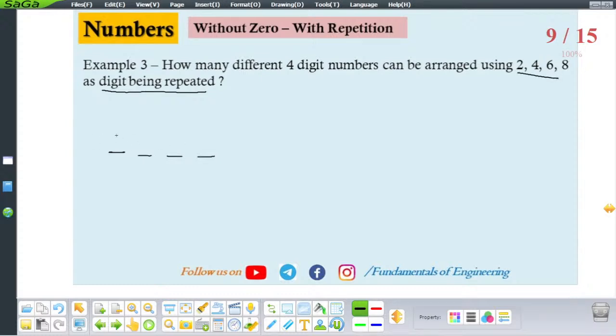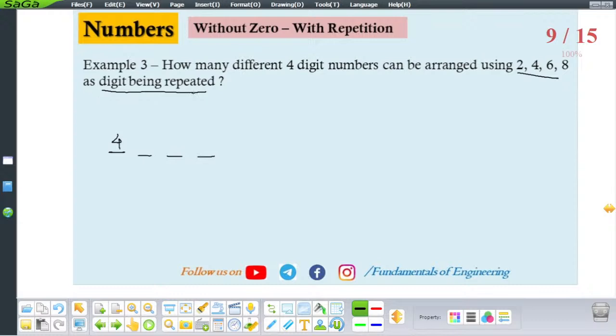There is a possibility that all 4 digits will come at the first position. Now if you have written 2, 4, 6 and 8 at the first position, can we use all of 2, 4, 6, 8 again?